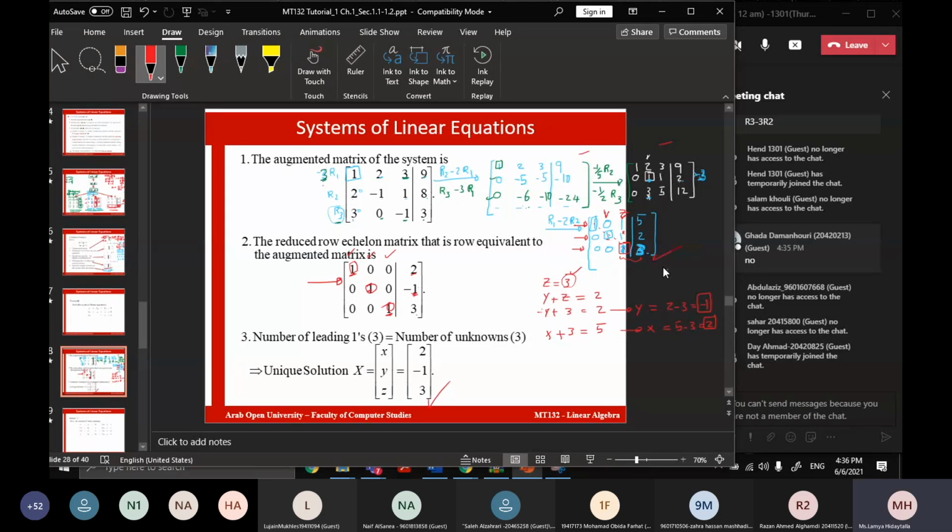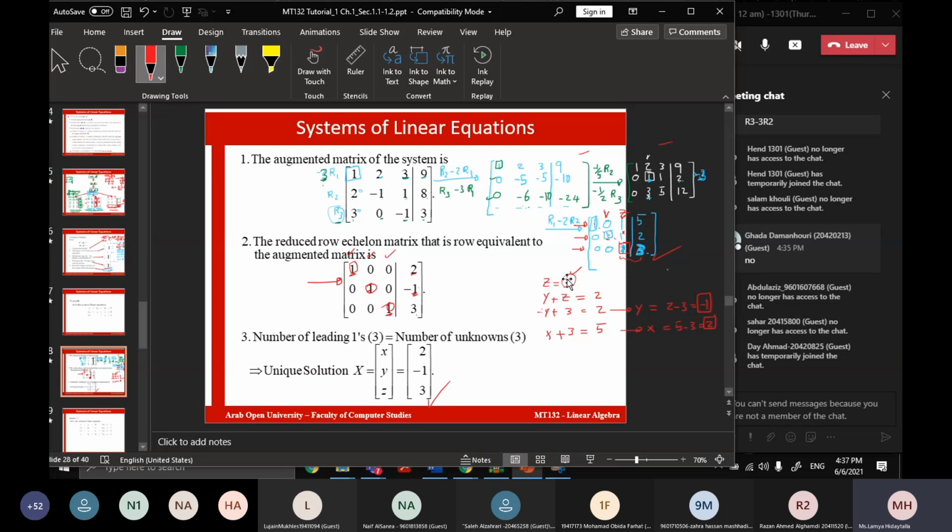So also I can get the solution directly from here. Isn't it the same or not? X is how much? It is 2. Y becomes 2 minus 3, which is -1, and z is 3. Okay, even if there is a number here, not a zero, clear? Even if there is a number here. Because you have the value of what?